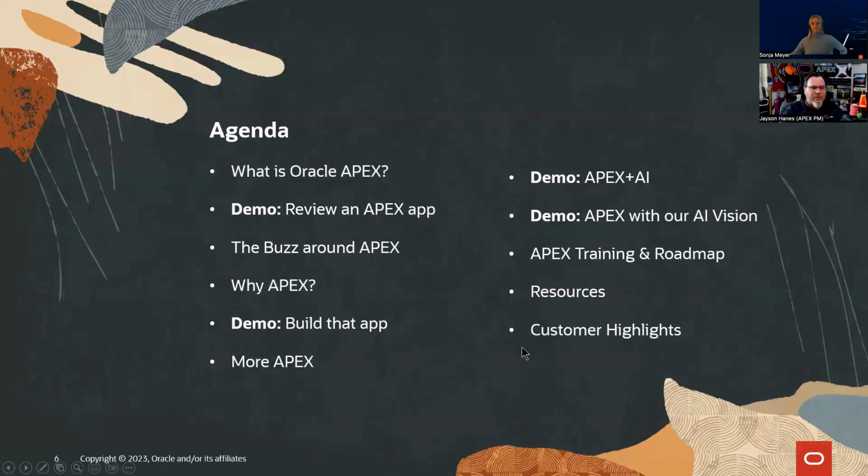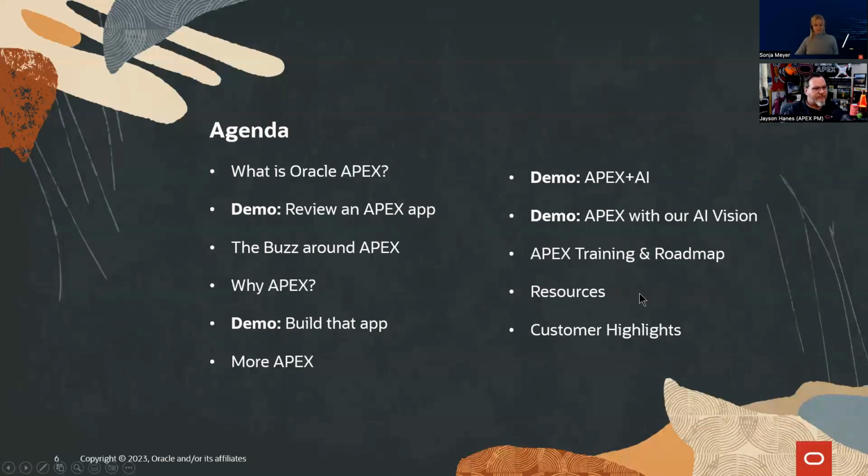Then we'll talk a little bit about some more features of Apex, and then get into a demonstration of taking that same app and seeing it work with AI features from Oracle Cloud, and showing where Apex is going to be going with our AI vision. Not actual AI vision, but we have a vision for the use of AI in Apex. I'm going to show you where we think that's going to work really well. There are also some slides to talk about some training, a little bit more roadmap details. We have various community resources if you weren't aware, and of course, some customer highlights.